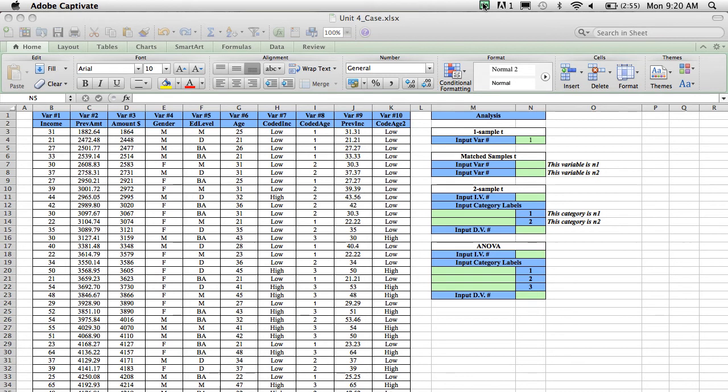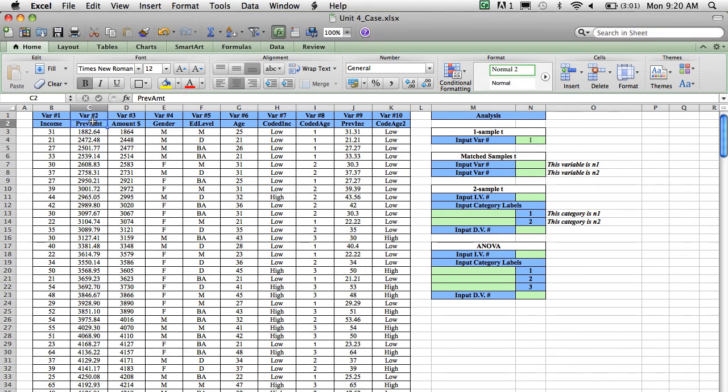Now let's look at an example of matched samples testing. We use matched samples testing when two measurements are matched to the same element in our data set. Here our data are credit card holders. So we have two measures of amount charged. One is the current year amount charged, and one is the previous year's amount charged.